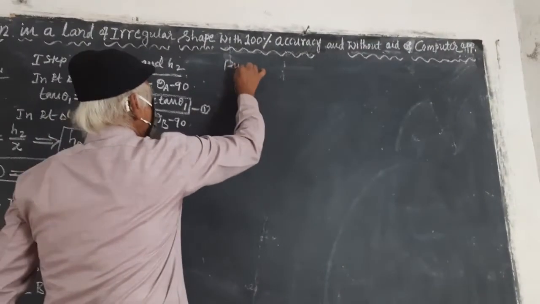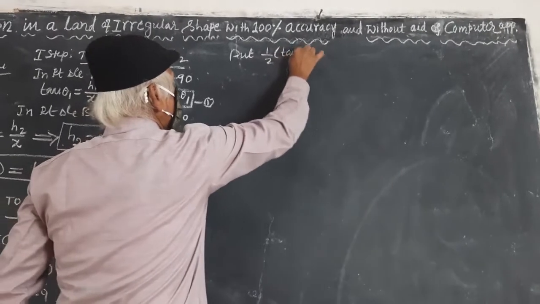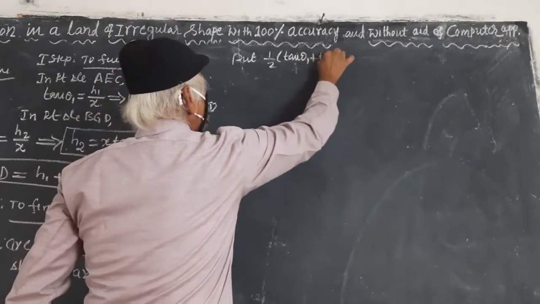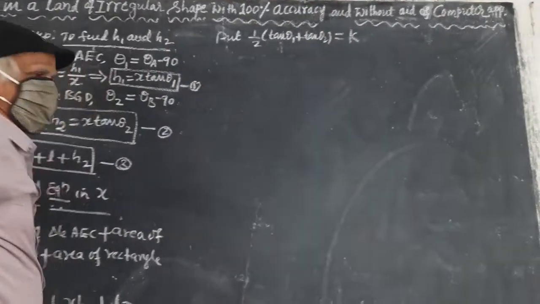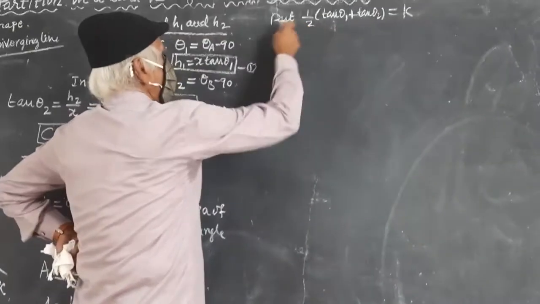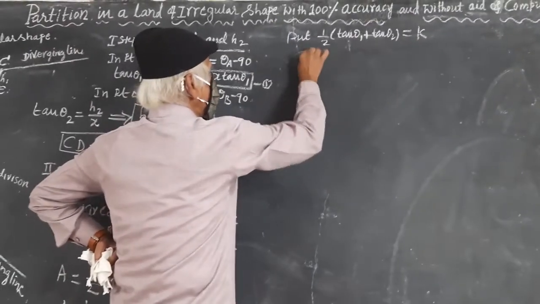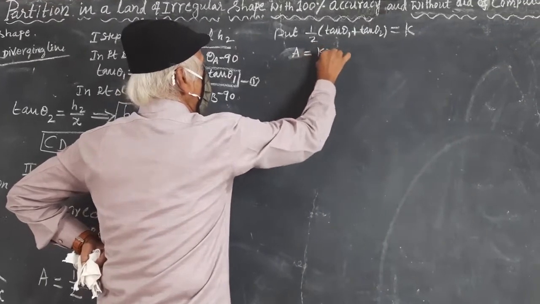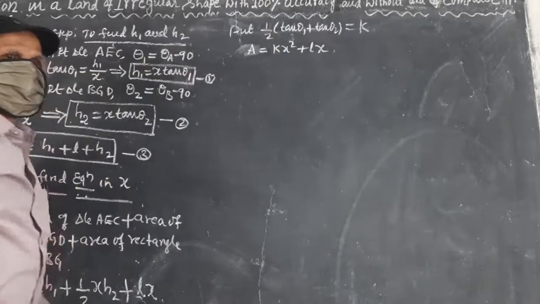So put half into tan theta 1 plus tan theta 2 equal to K, a constant. On substituting this constant in the above equation, the equation becomes A is equal to KX square plus LX.